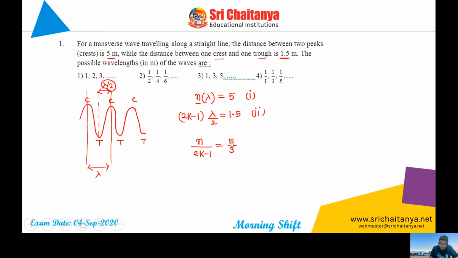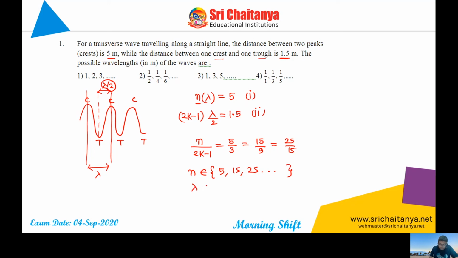So this is one of the fractions. Another way this fraction can be written, keeping in mind that the denominator got to be an odd number, is 15 by 9, and the next possibility is 25 by 15, and so on. Okay, so from that we can see that n can be any of these values like 5, 15, or 25, etc.